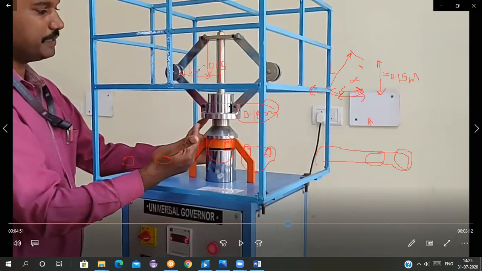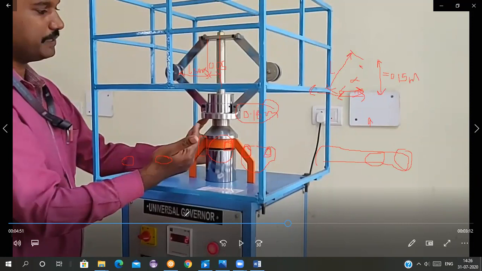By adding both the values, I am getting the total radius of rotation at that speed. And the lift also is 1 centimeter. For that 1 centimeter, I will get the radius of rotation. Hope you are getting this.